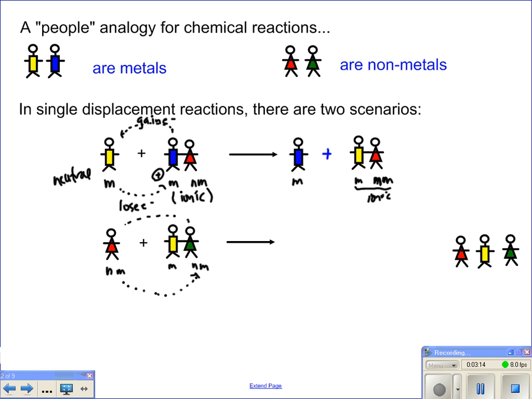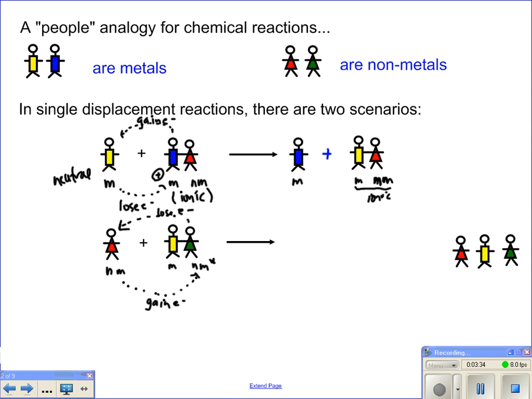But in order to do so, non-metal red has to gain some electrons because the non-metal here in the ionic compound will have a negative charge, and non-metal green, in order to become neutral, must lose those electrons to go out here to where red was.